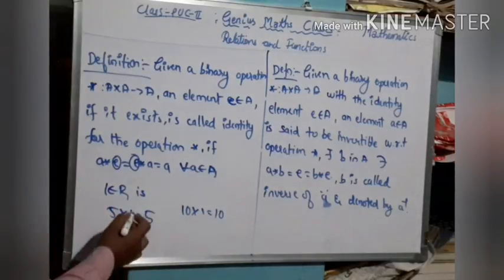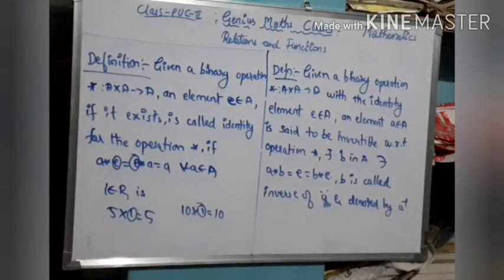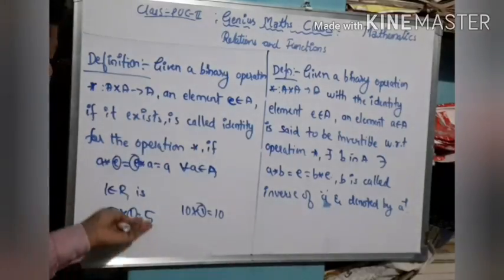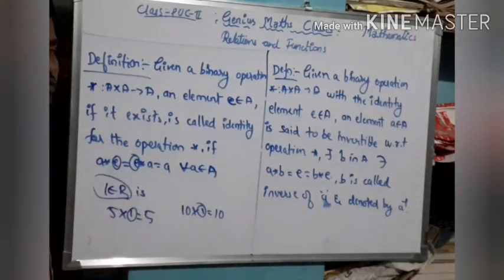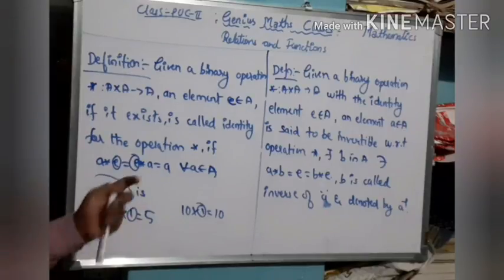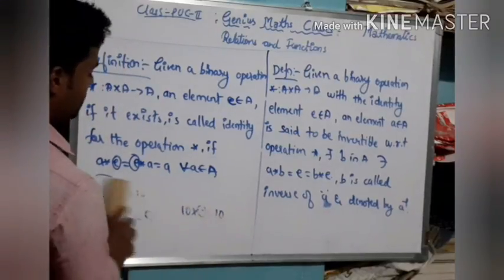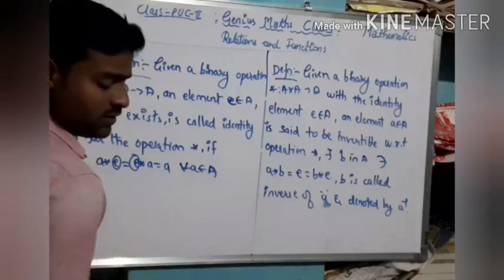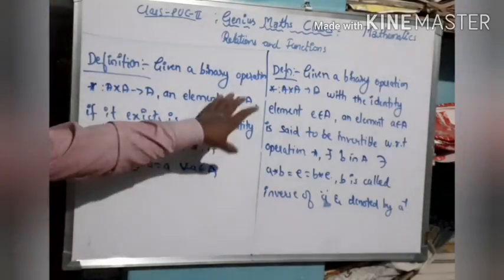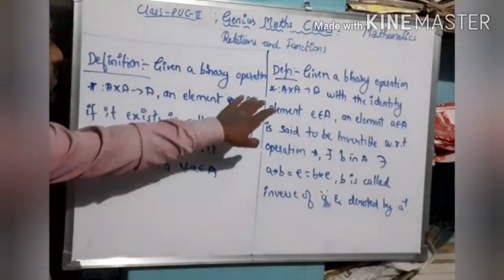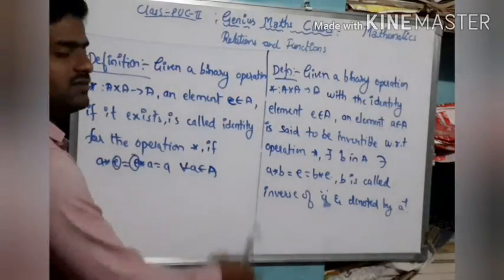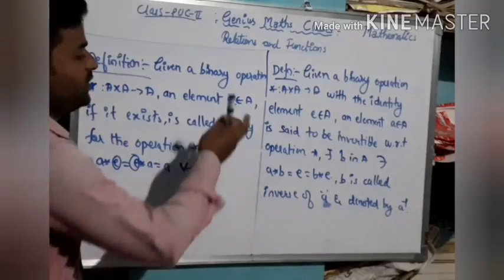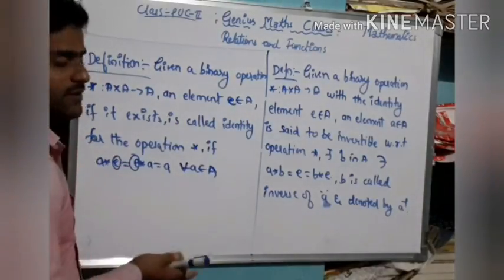This 1 is the identity in multiplication in real numbers. So this is the simple concept of the identity element. Any number operated with its identity element will give you the same number as the result.